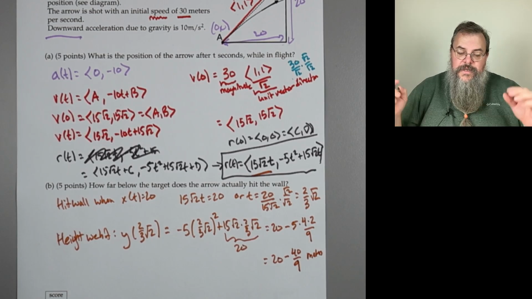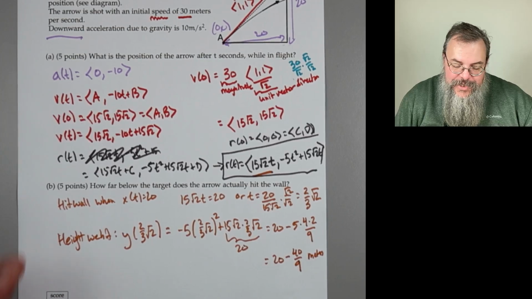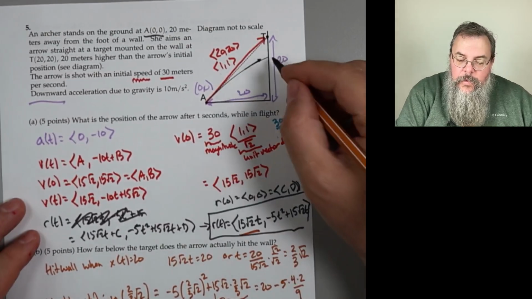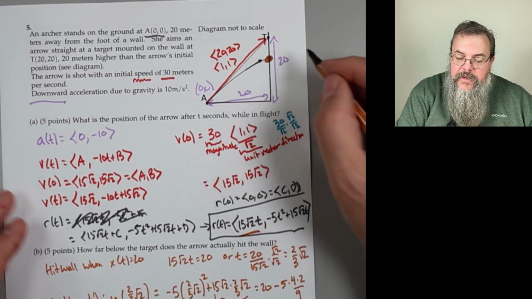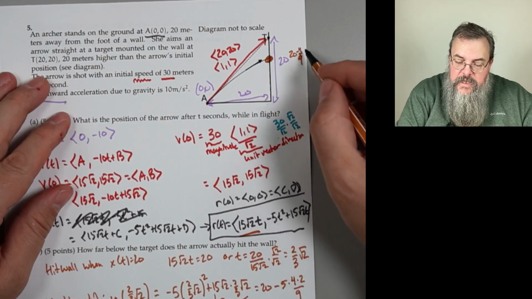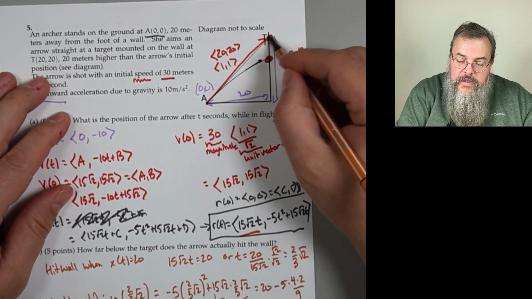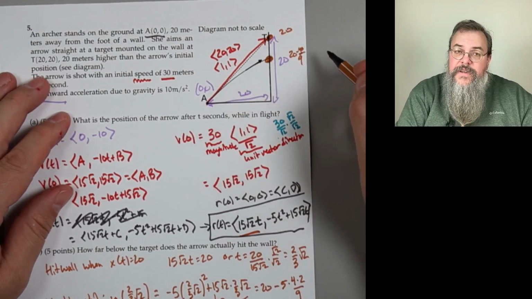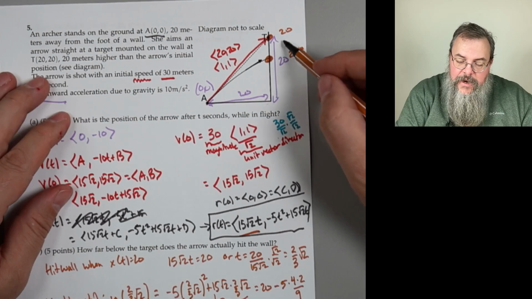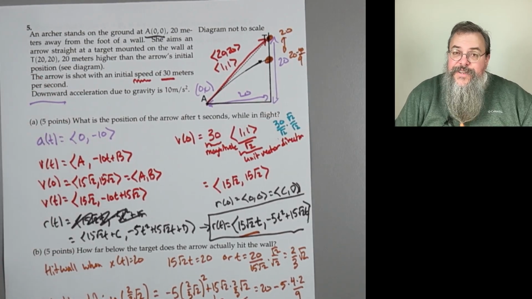Okay, so what's our answer? Let's be really clear on the question. We now know that this point right here is at 20 minus 40/9. The target is at 20. So the question was, how far below the target does the arrow actually hit the wall?